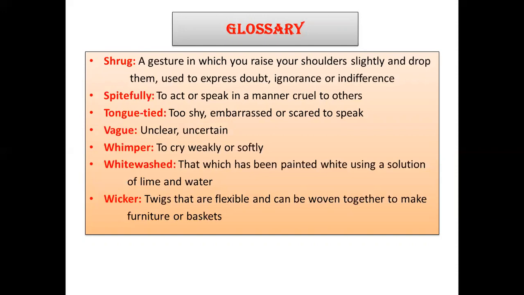Vague means unclear, uncertain. Whimper is to cry weakly or softly. Whitewashed means that which has been painted white using a solution of lime and water. Wicker refers to twigs that are flexible and can be woven together to make furniture or baskets, right?